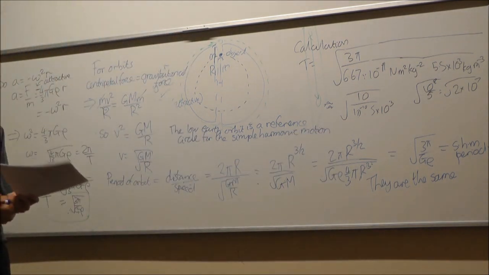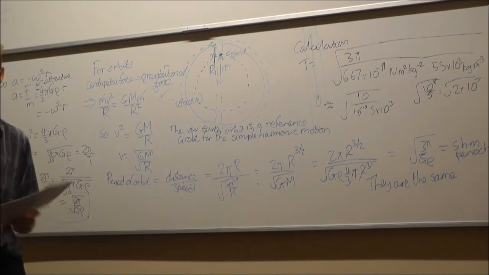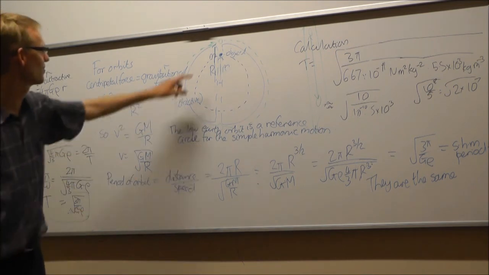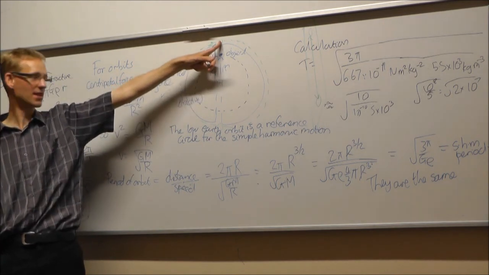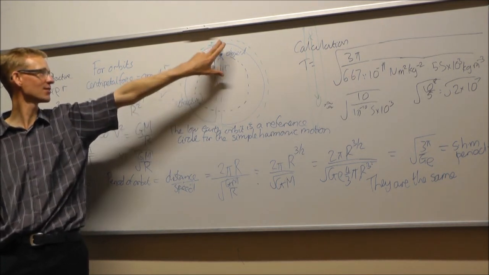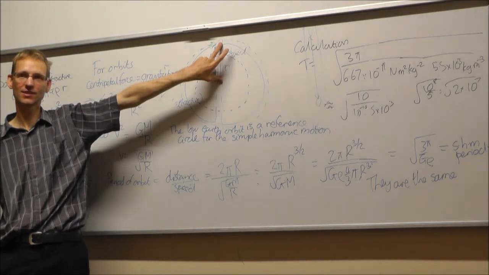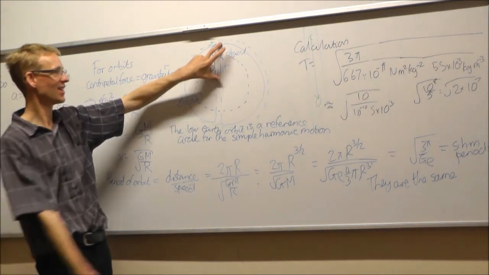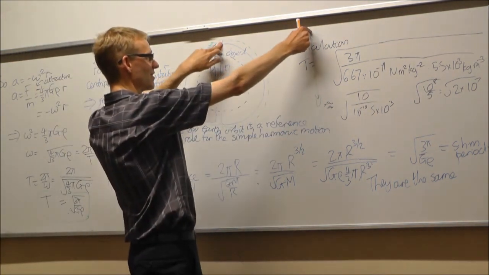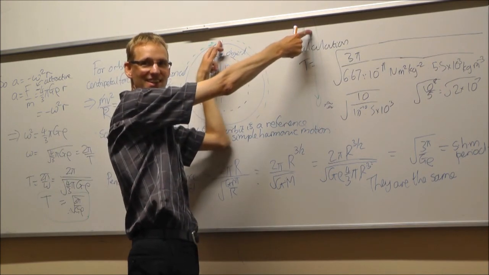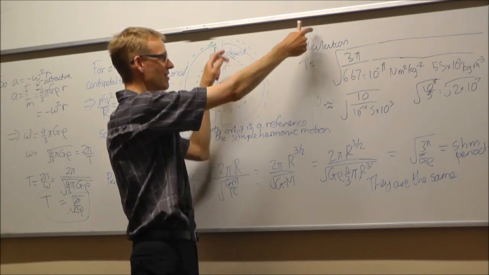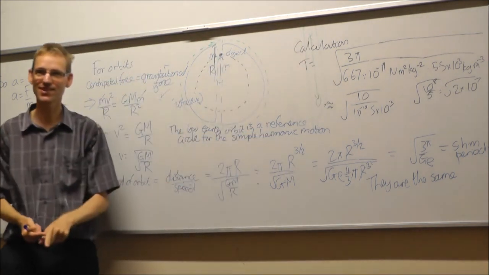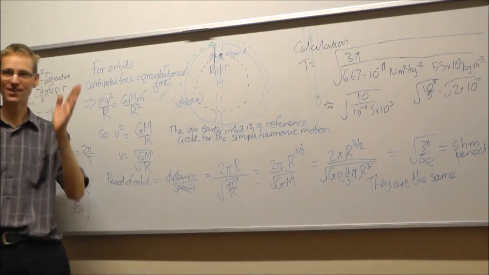Of course it is, because the centripetal force is just the force of gravity to the centre of the Earth. In our tunnel, the force there is the gravity to the centre of the Earth. They're the same. Therefore, the period of that one is going to be the same as the period of that one.